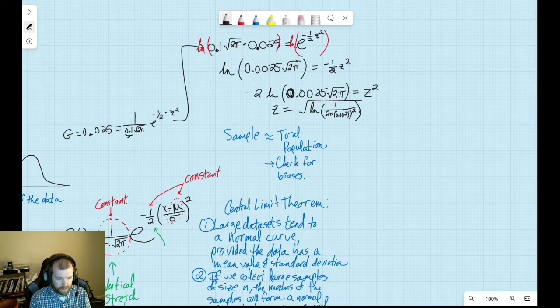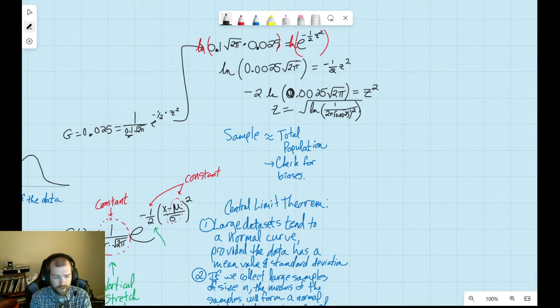So if we do this, 0.0025 squared times 2 times pi equals 0.000039269908, some other stuff.